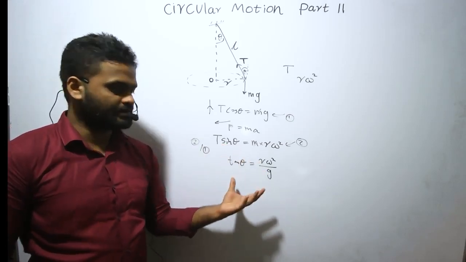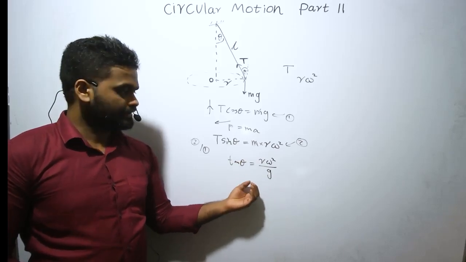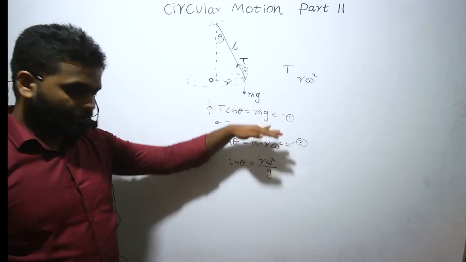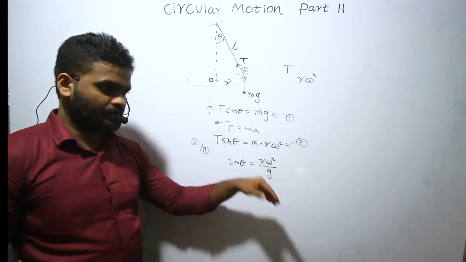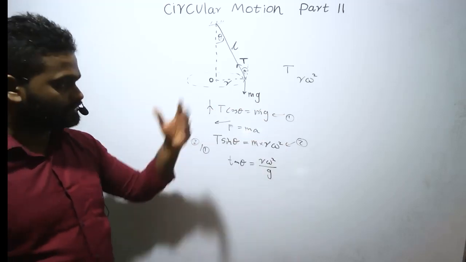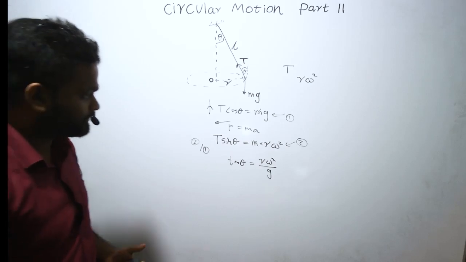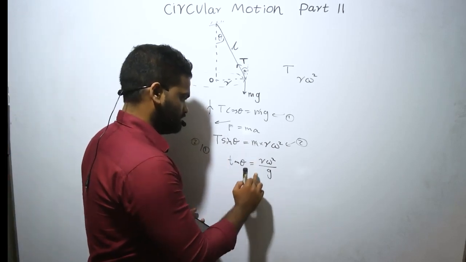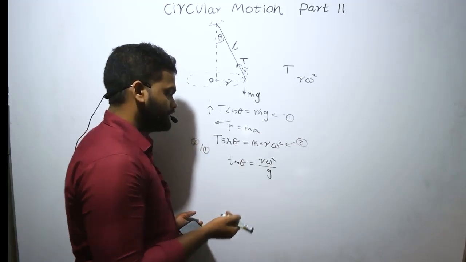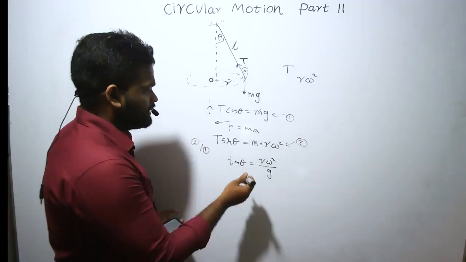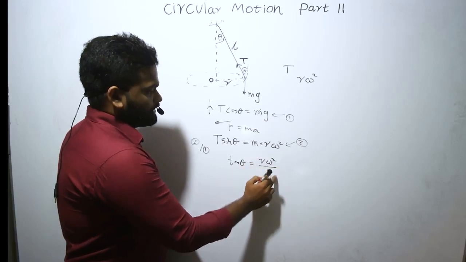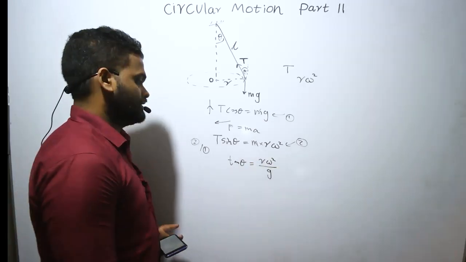So it is better to use symbols first when you are doing calculations. Don't just substitute values first, right? This question is based on symbols actually, so it doesn't matter. So here you have tan theta equals r omega squared divided by g, right?